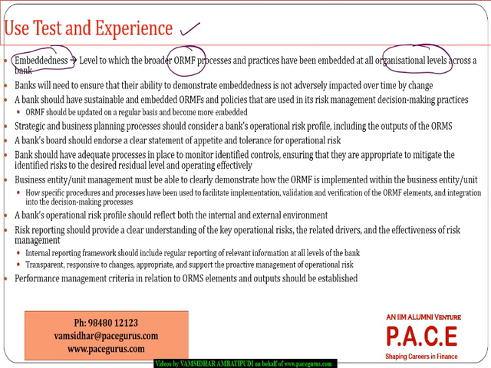To what extent the employees at different levels understand the operational risk management framework and implement it as a part of their day-to-day activities. So, from the bank's management perspective, they have to ensure that the embeddedness is not adversely impacted over time.